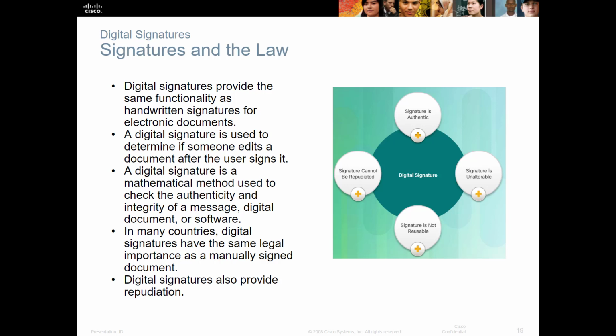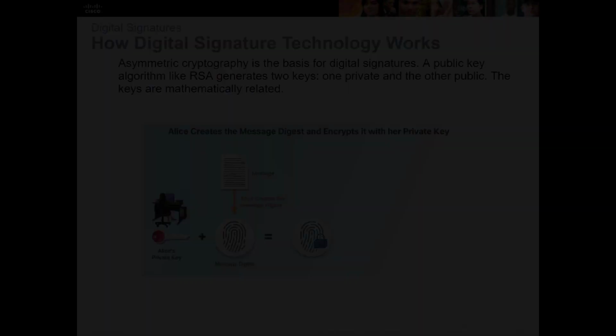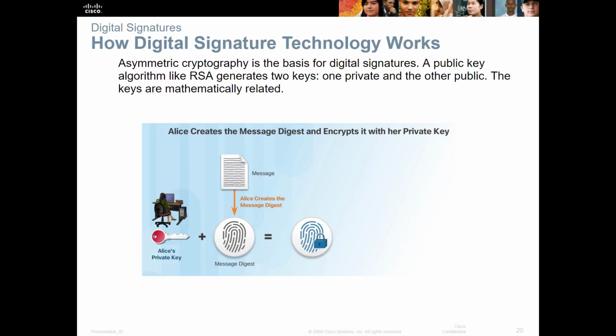And then again, the key word there is digital signatures provide non-repudiation. So we have our private key. So in this case, we are using the certificates that are on our CACs. We have our message. So we're going to get a message digest. So we're going to basically look at that document, and then it's going to come up with a digest. Who knows what the word digest means?